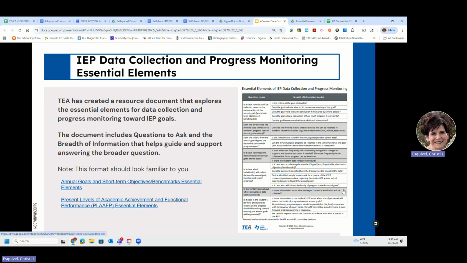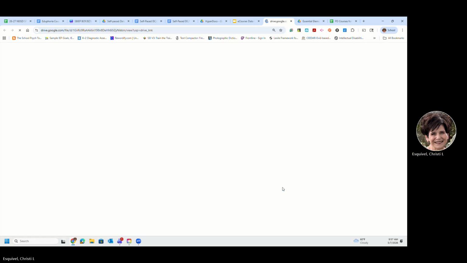This document includes questions to ask and the breadth of information that helps guide and support answering the broader question. The format of this document may look familiar to you. TEA has also created an essential elements document for PLAFs and for annual goals. Let's look at the form.